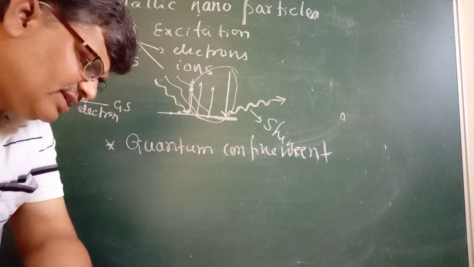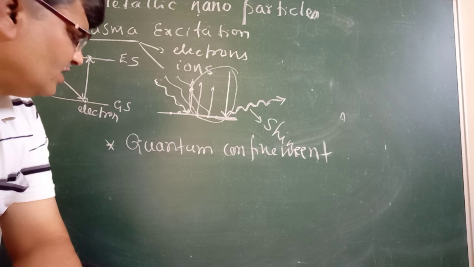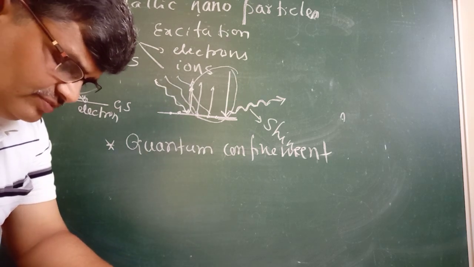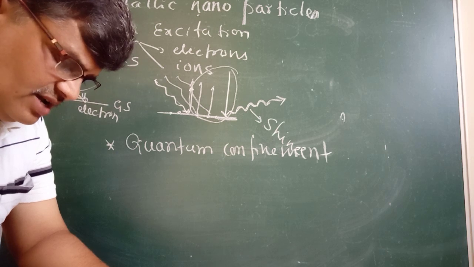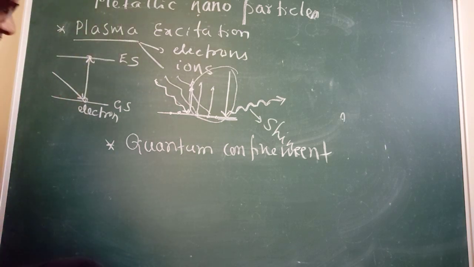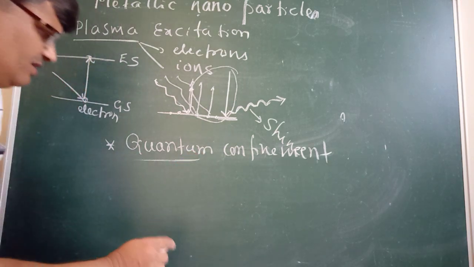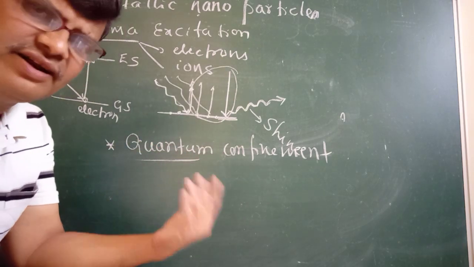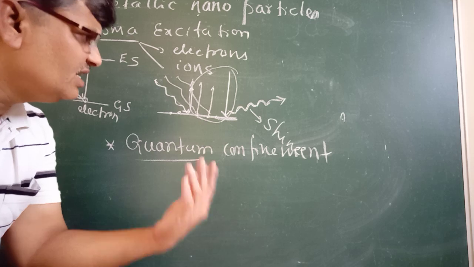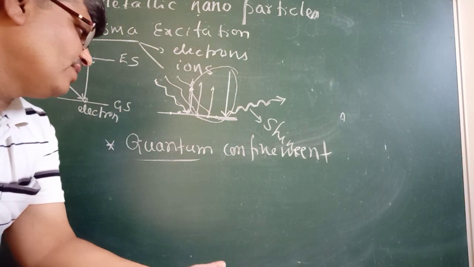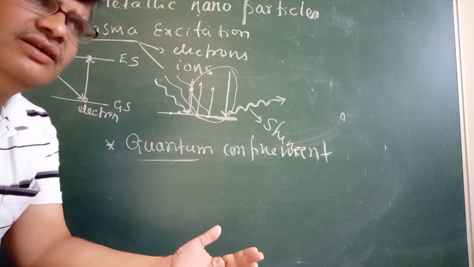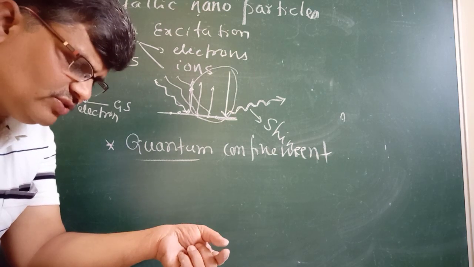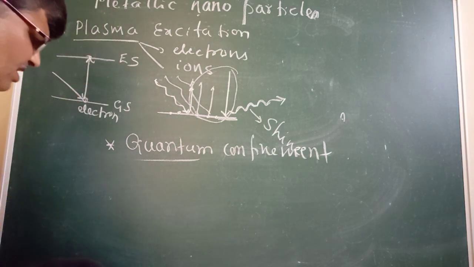In quantum confinement, the number of atoms goes on reducing, and in the direction of quantum confinement, the number of energy levels also reduces.